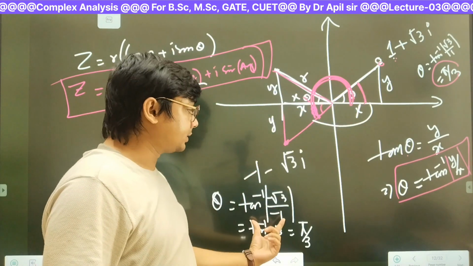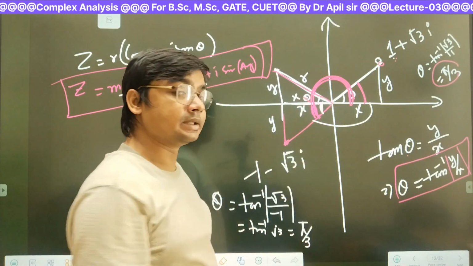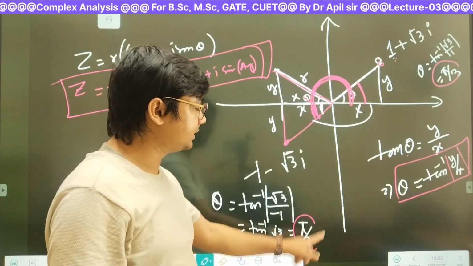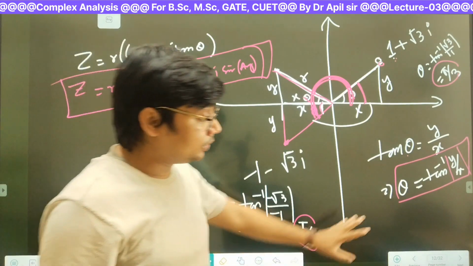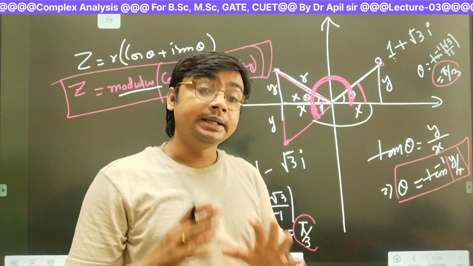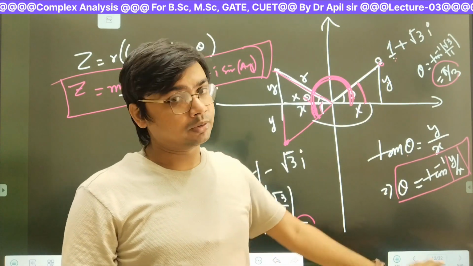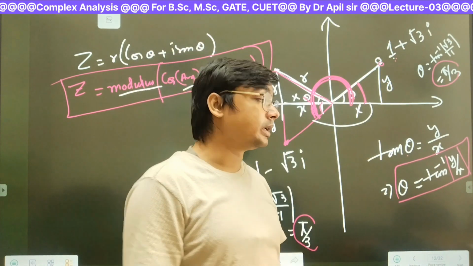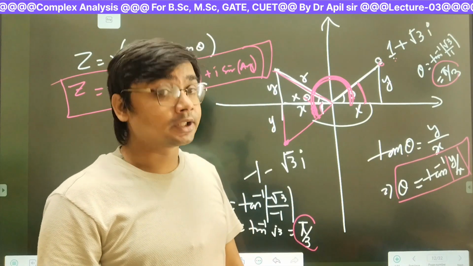But if we use this formula, we can only find this angle, pi by 3. So if we use this formula, in the first quadrant we will get the actual argument here. But in the second, third, and fourth quadrants, this value will not be the actual argument.